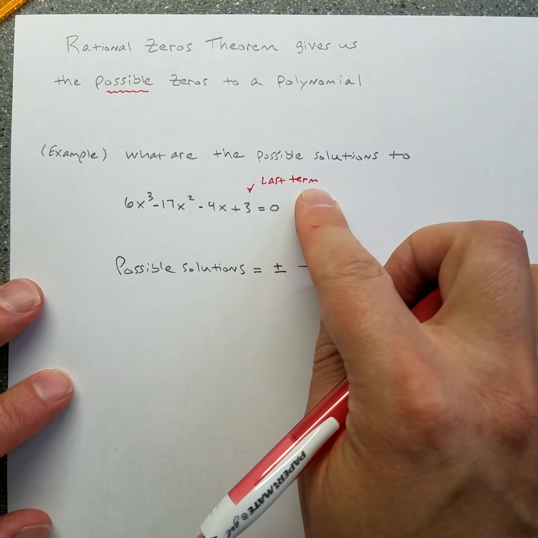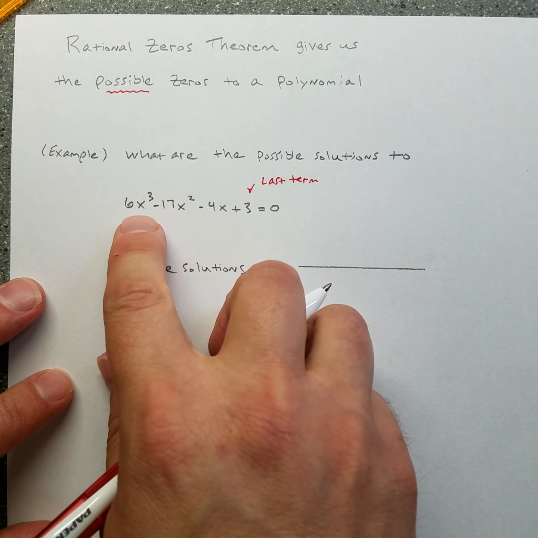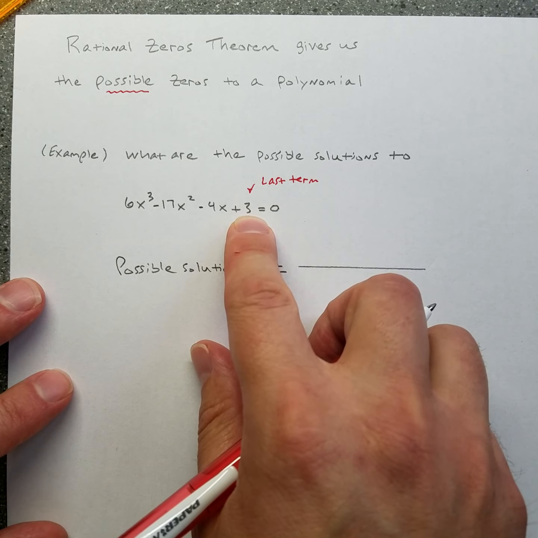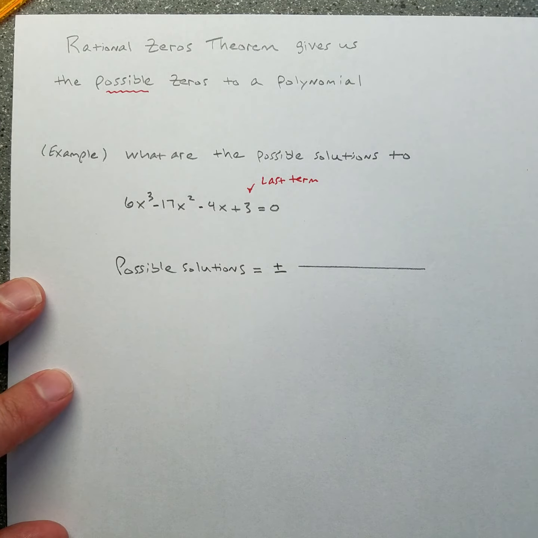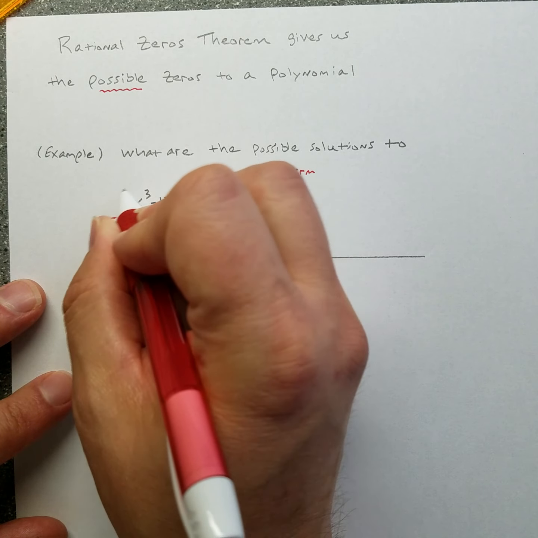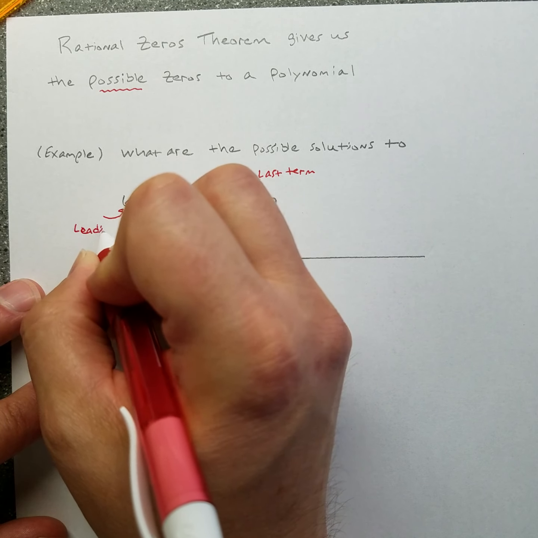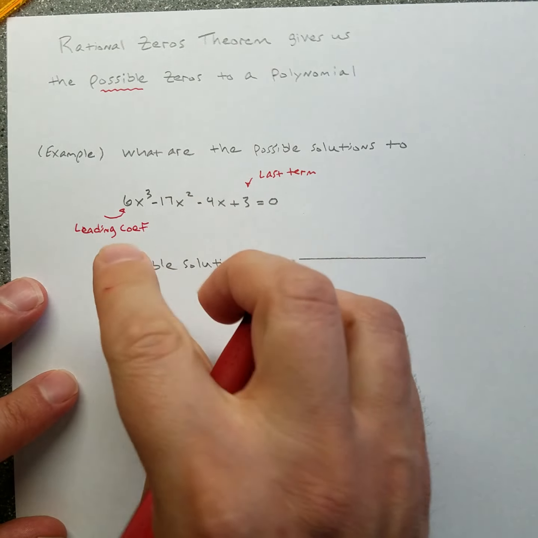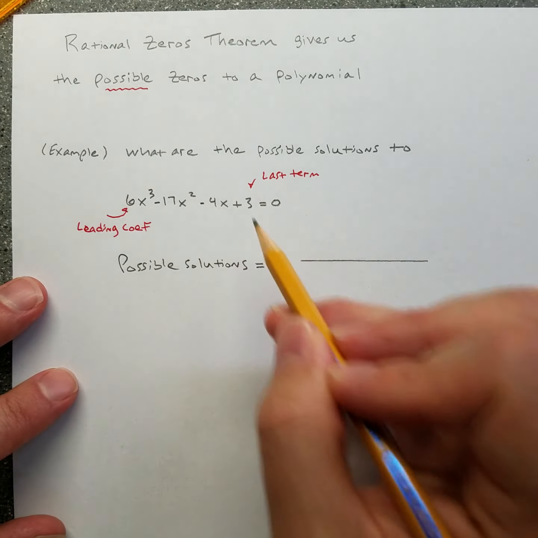And by last term, I mean if you write them in order, as you always should, from highest power down to the constant term, 3, 2, 1, and then that one doesn't have an x, that's the last term. And then there's this leading term, which has a leading coefficient, okay? So the leading coefficient is 6, the last term is 3.